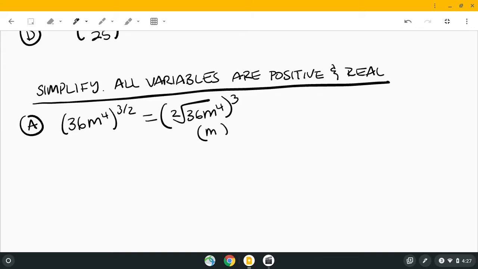If you're trying to figure out what's being squared here, that's got to be a 2, okay? All right, so square root of 36 is 6, and then m squared is being squared, and then we're going to go ahead and cube that. So when we cube that, 6 times 6 times 6 is 216, and then right here, rules of exponents, you multiply the exponents, so we get 216m to the 6th.